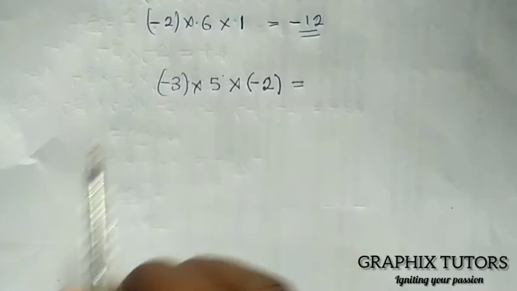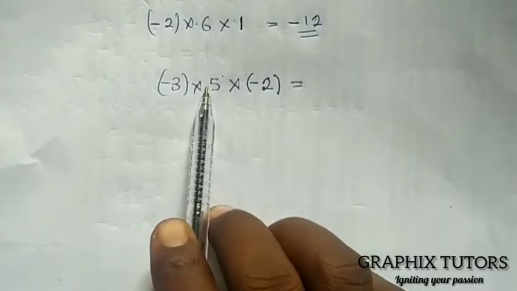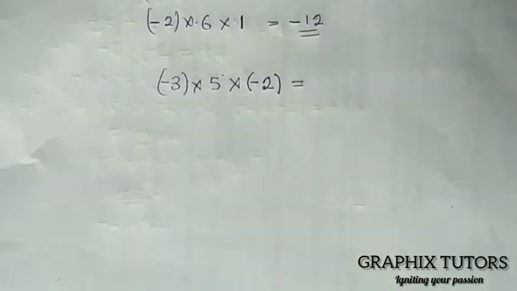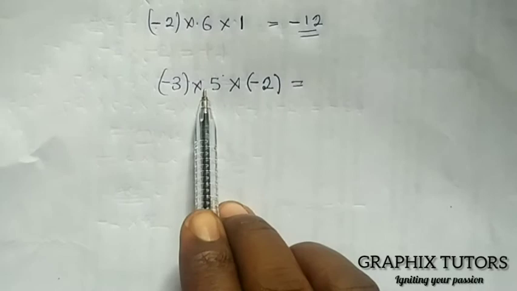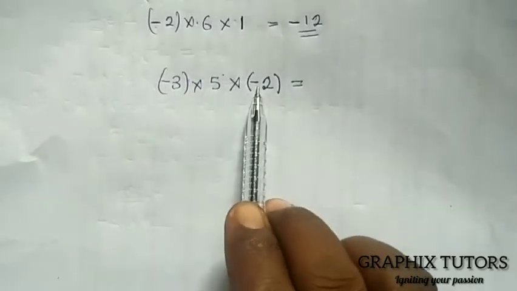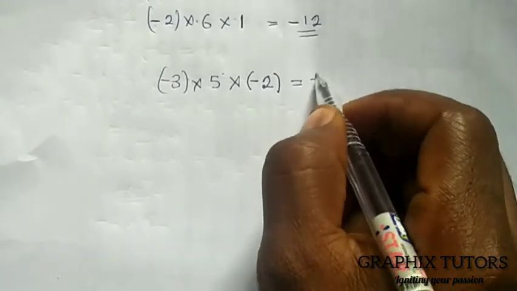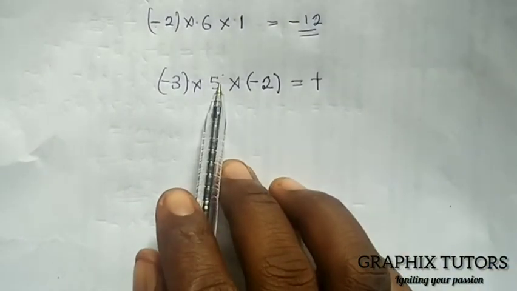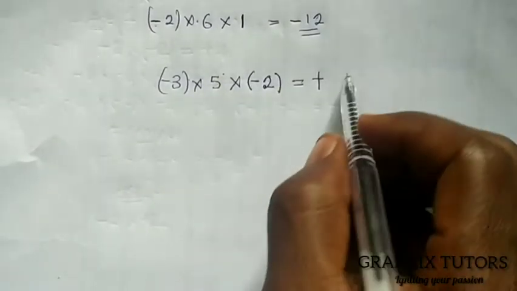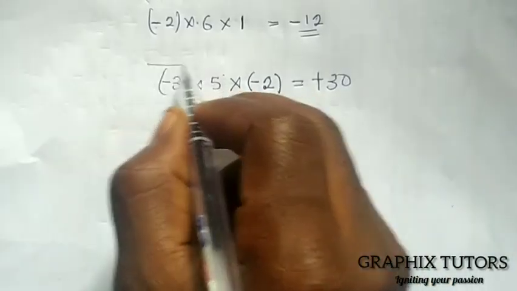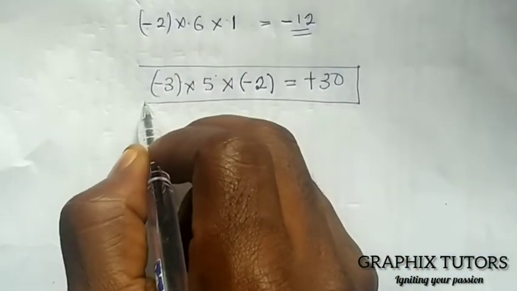Now there's a positive here. It takes 2 negatives to give you 1 positive, right? So 2, 3, 4. So the negative there is what? Even. So our answer will always remain in positive. So 3 times 5 is 15. 15 times 2 is what? Is 30. So thank you very much.